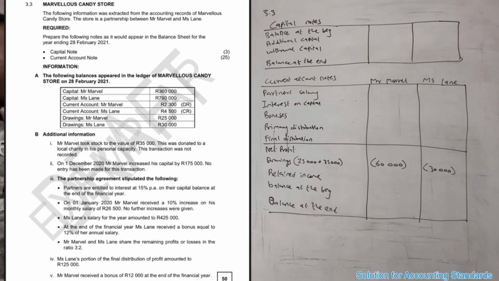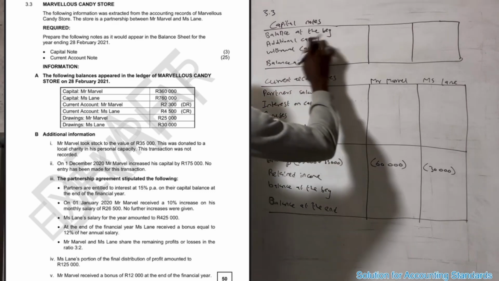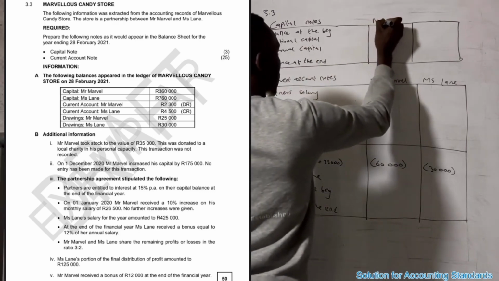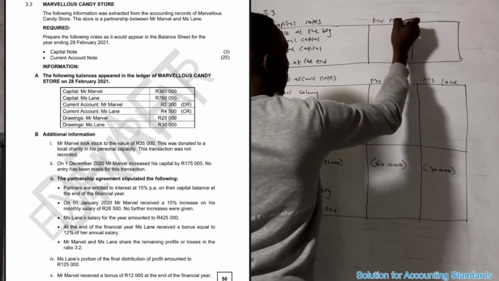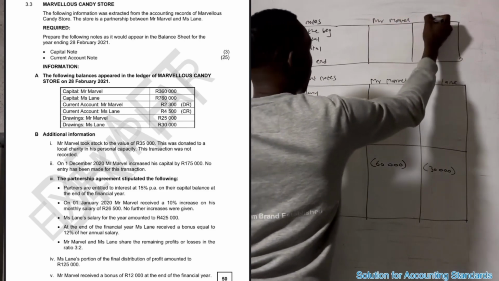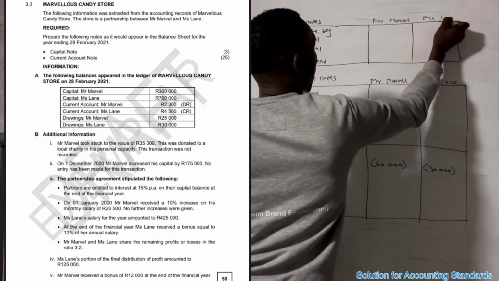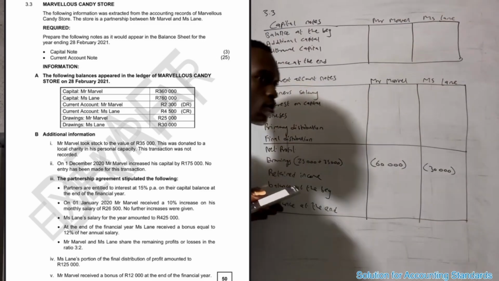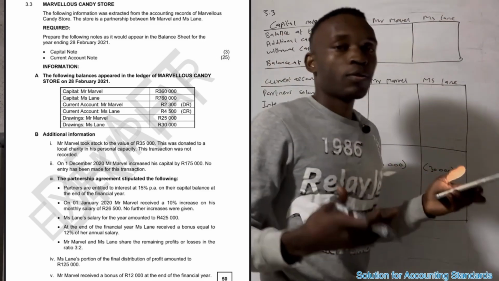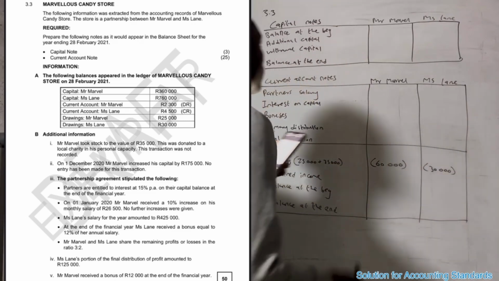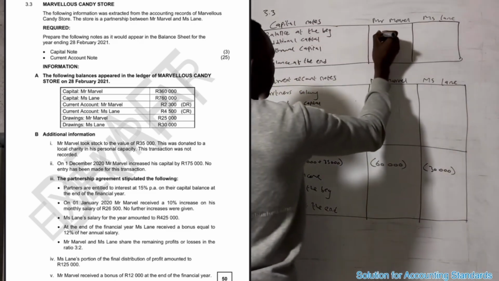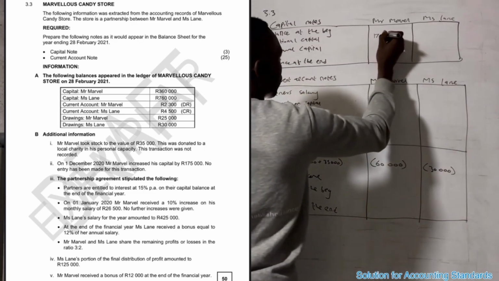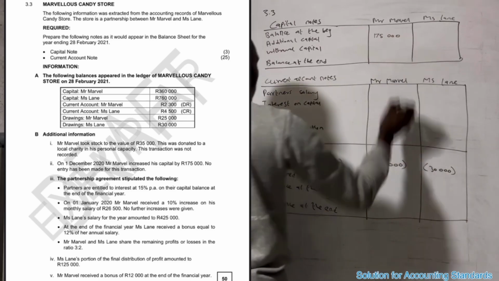Okay, we started with this one because it was the first transaction. On 1 December, Mr. Marvel increased his capital by 75,000. Okay, additional. Mr. Marvel made additional. Mrs. Lane, guys, don't just write them in order. You can just write them according to the transaction that you are facing. He added 175,000 during the year.